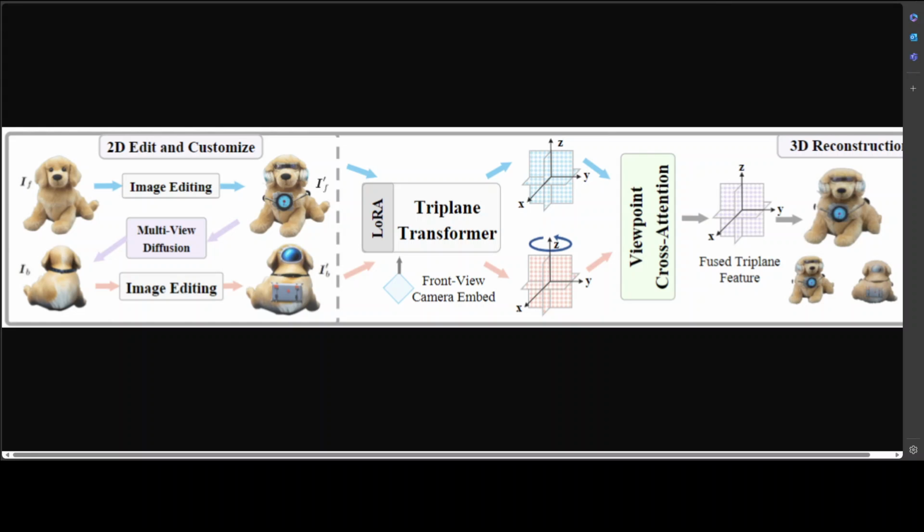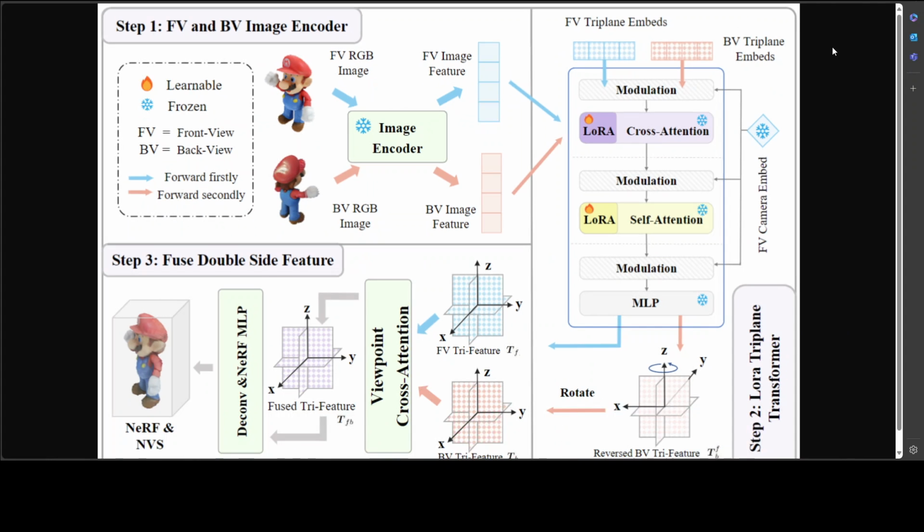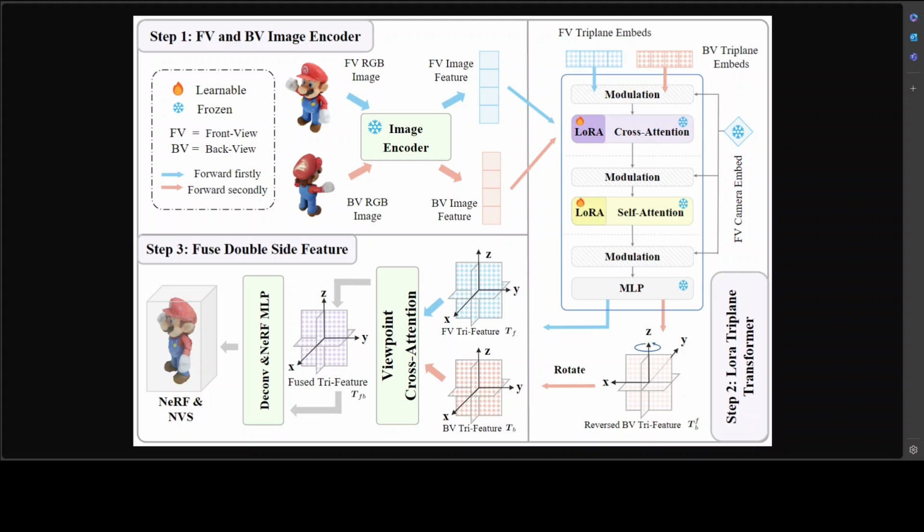Now, they have also shared some of the other stuff. Let me quickly minimize it a bit so you'd be able to see it on your screen. In this screen, they have already edited the front and back images. And as I mentioned earlier, in this particular diagram, they have 3 steps to get the final 3D objects. At the top, step 1, they have used the same image encoder DINOv2 to get the front view and back view image features.